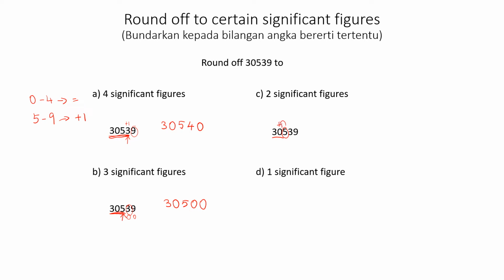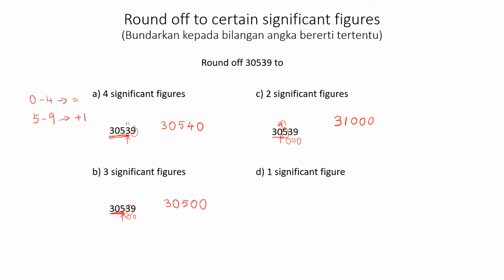Add 1 to this digit 0, and the numbers behind should be 0. So we don't put 0, because we add 1. So it is 3, 1, and 3 zeros behind it.